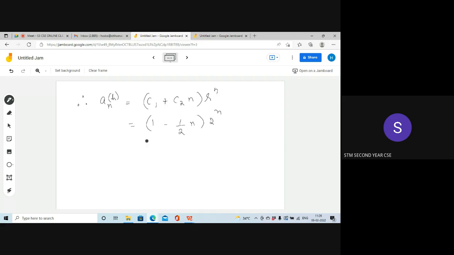When we open this bracket, you will get 2 raised to n minus 1 by 2n into 2 raised to n. Okay, this is the answer. This is what we have got in the notes also. Even if you put C1 and C2 or A1 and A2, it is the same. So I have found out the homogeneous solution.